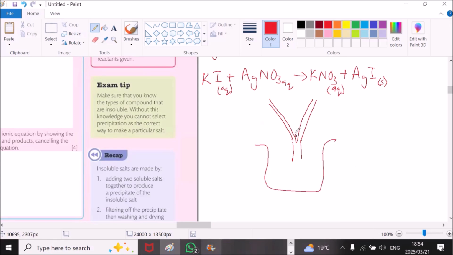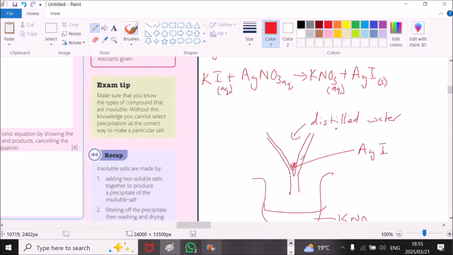What will remain on the filter paper is the silver iodide, while the potassium nitrate drains off. We'll also pour distilled water to wash the silver iodide and make sure all the potassium nitrate goes through, and what only remains on the filter paper is silver iodide.